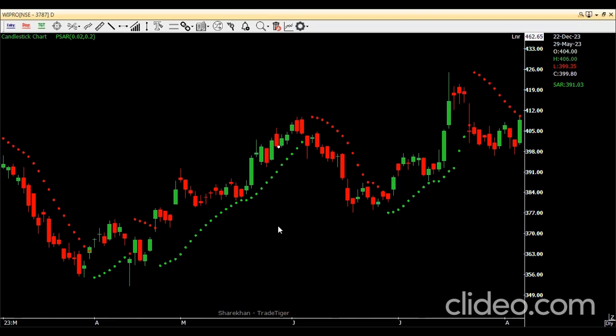There are two parts of the calculation. The current acceleration factor and extreme points are the values which are the input of this indicator. And if you program this indicator, you can plot this in the graph. Okay. So this is a little bit technical. So I'm going to skip it at this moment. If you are interested, I'll definitely include this in future.